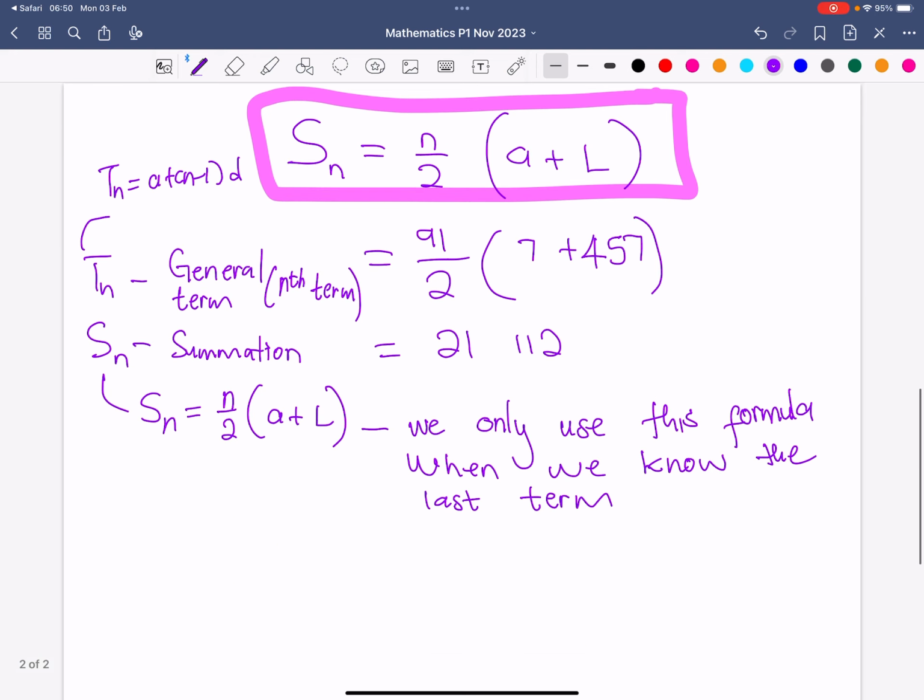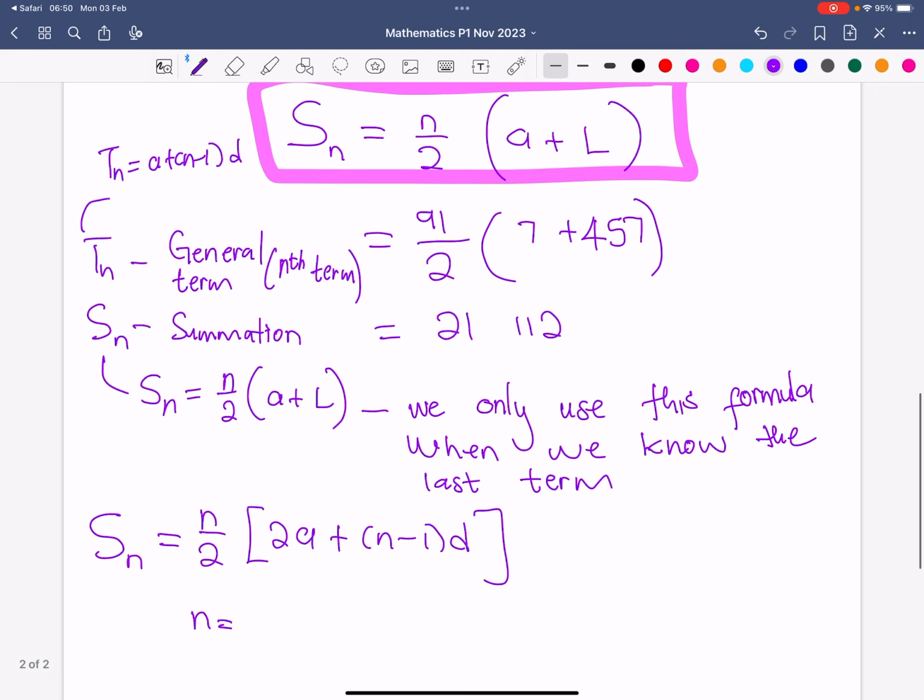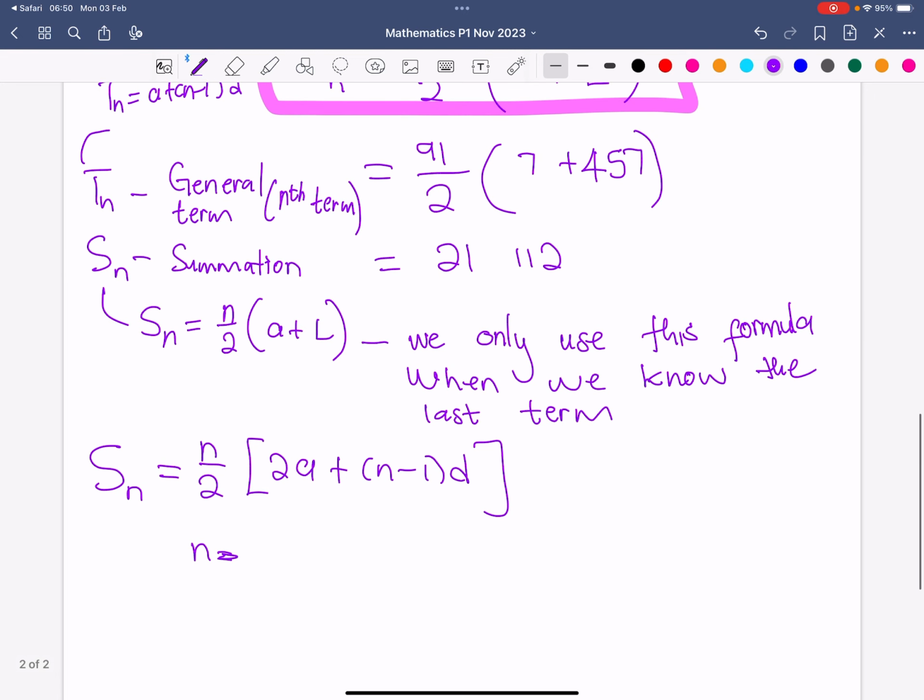And then generally we can use this n over 2, a plus n minus 1 multiplied by d, when we don't know the last term. So generally you would use this one, because here you just need to know the value of n, the number of terms that you're calculating, and then your d tells you your common difference.